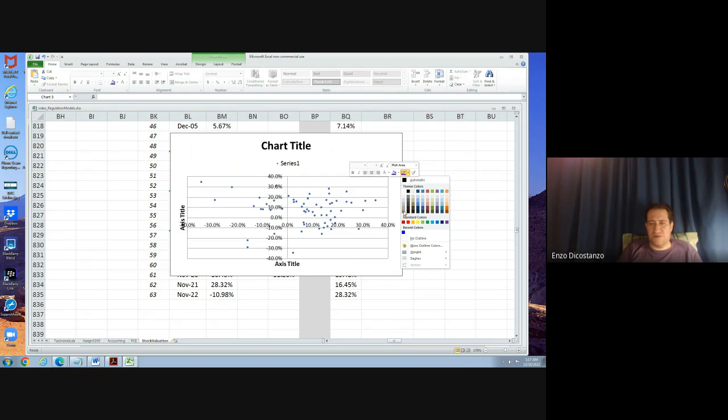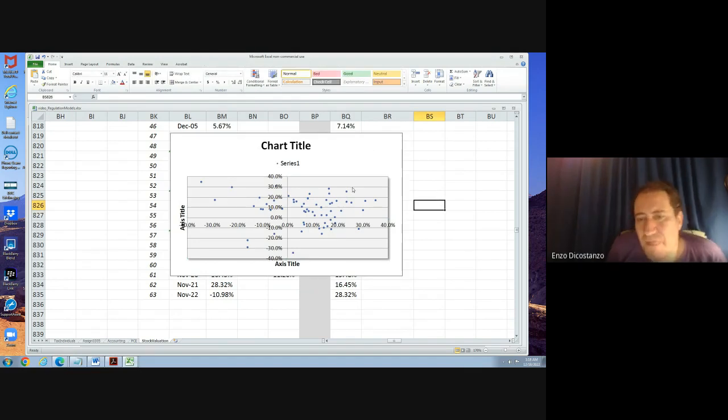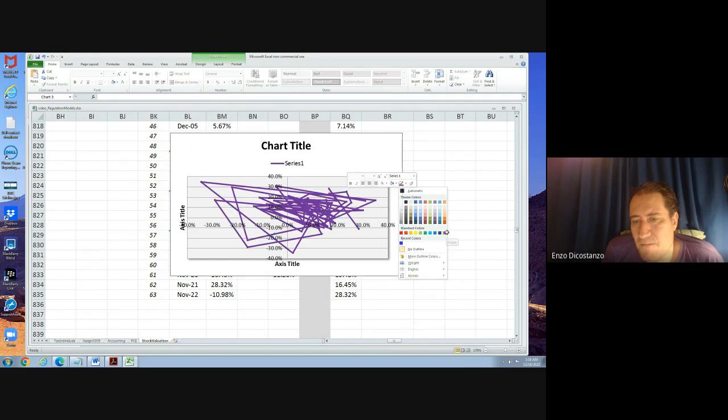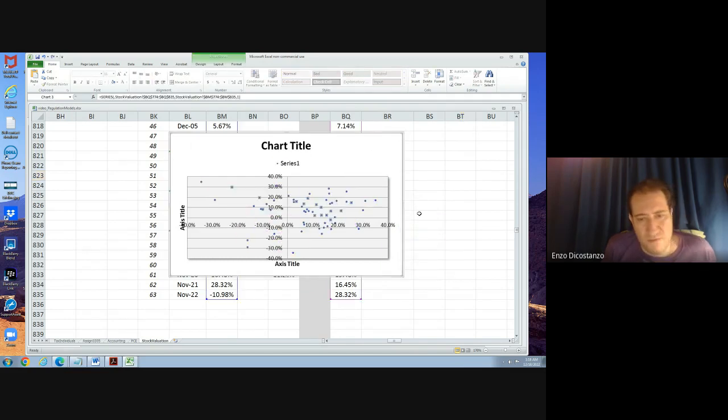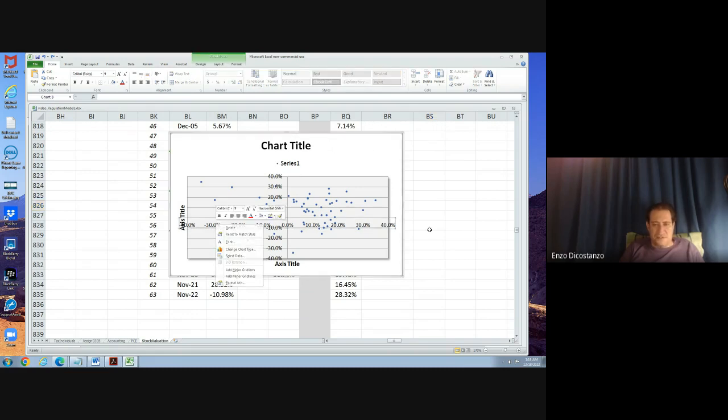That's sort of what the problem is. We want a shadow. We don't want lines. Okay, but that's fine. So we'll leave it as that. So there's your scatter. You can see they're pretty well scattered, which is sort of what the problem is.